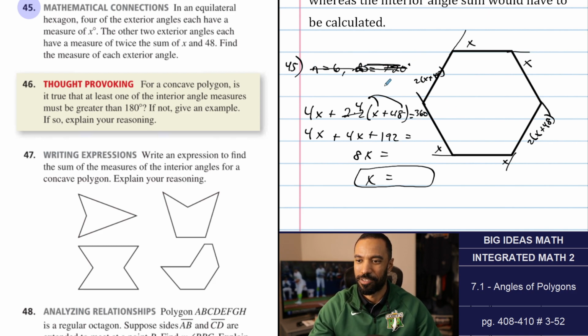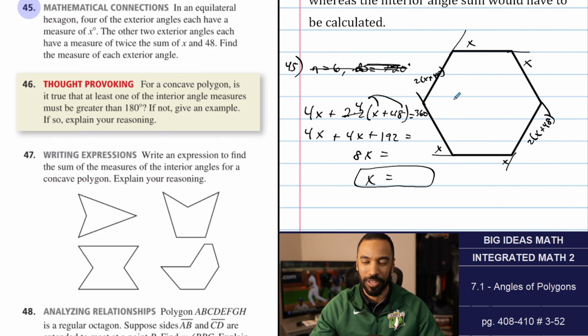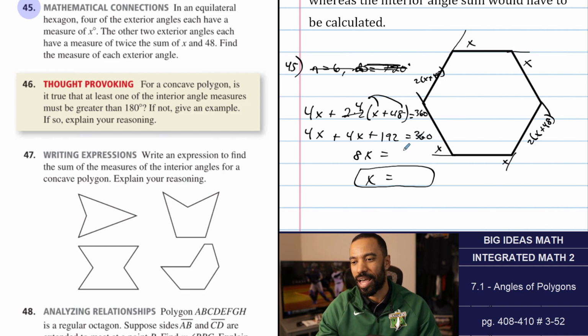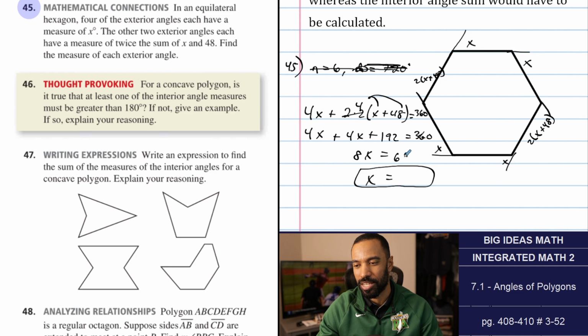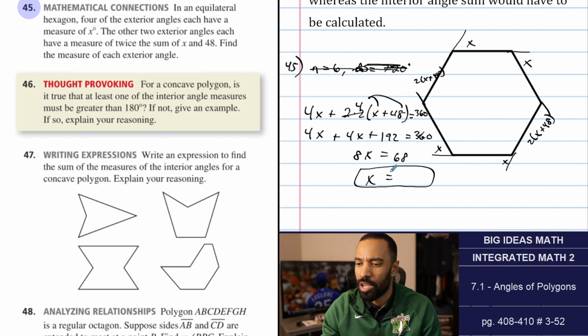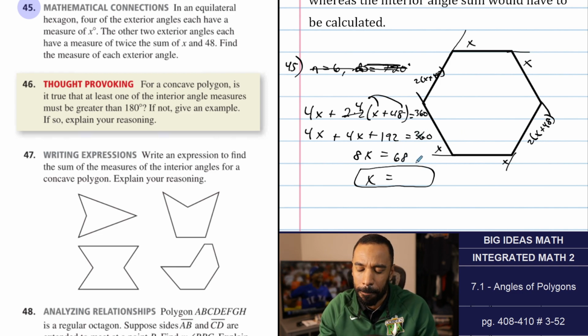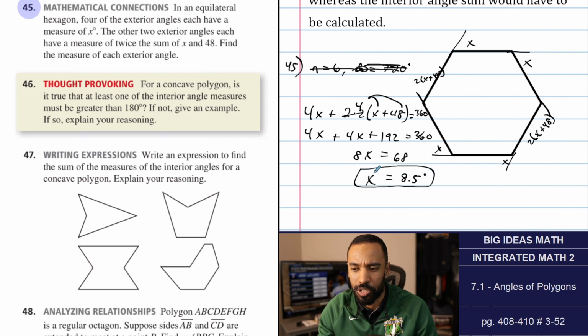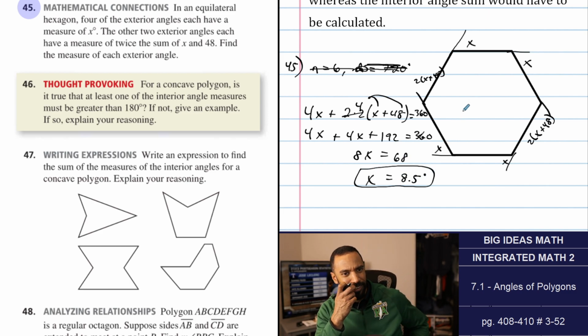Doesn't matter if it's a six-sided shape or not, except for labeling all the ones that are there. 360. Okay. 192. So that is going to change to 168. Ooh, not a clean number. So x is going to be 8.5. Why is this taking so long? 8.5. And I'm still going to put degrees there. So I hope I still did that right.